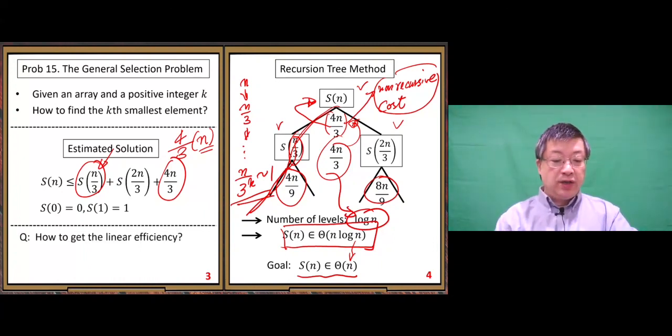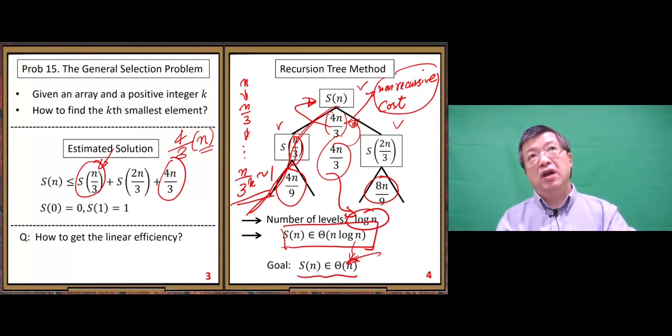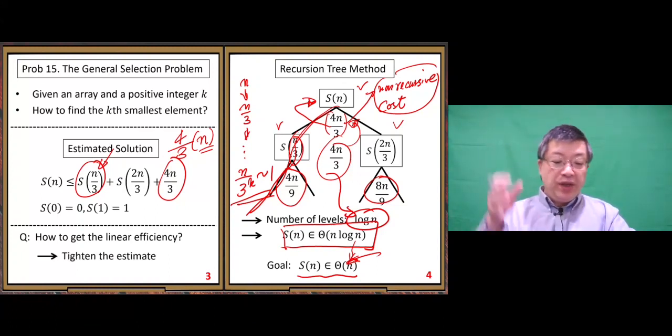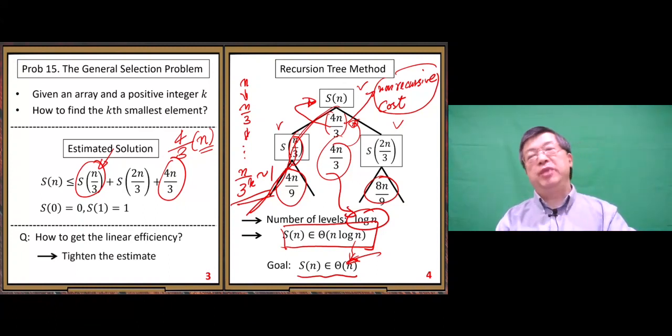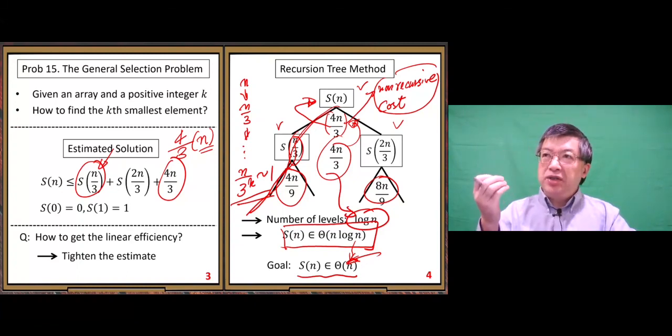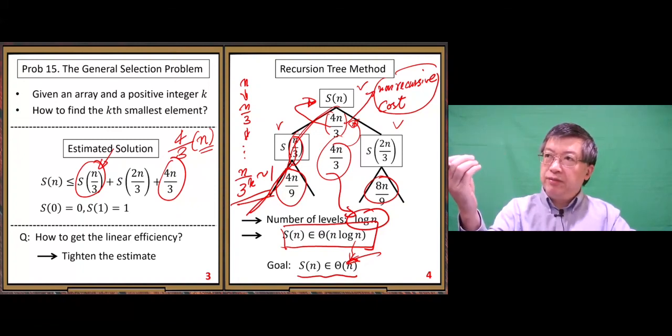So the question: how to get linear efficiency? This is the linear function. From the n log n function to the n function, we need to improve it. In other words, we need to tighten the estimate. Our estimate is too loose, not strict enough.